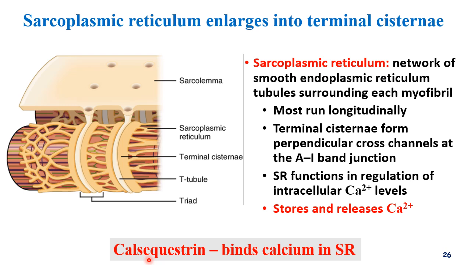It's actually going to sequester calcium inside of the sarcoplasmic reticulum. Unless you have a stimulus, calcium is going to be sequestered there and it's not going to come out. And what is the name of the protein that is sequestering the calcium? It's right there, calsequestrin. At least one name is easy to recognize, right? The job of calsequestrin is to sequester calcium where? Well, inside the sarcoplasmic reticulum right there. Okay.